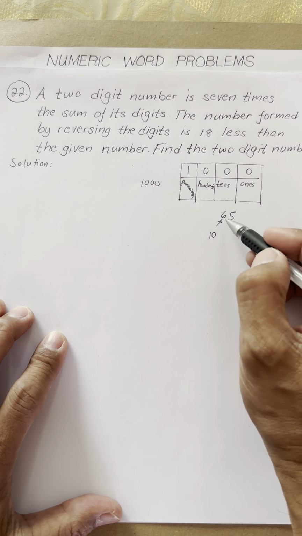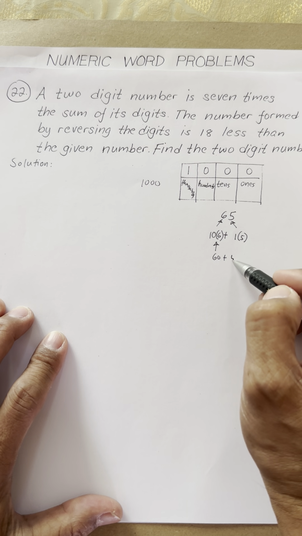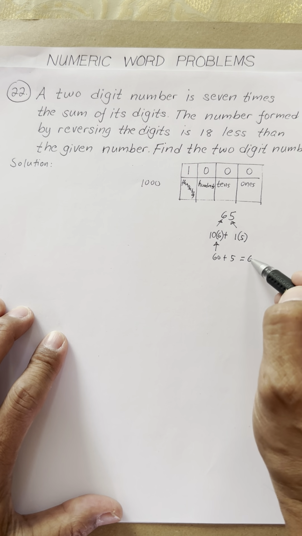So 1 times that number, 5. So you add the two. So 10 times 6 is 60, plus 1 times 5 is 5. So equal to 65, which is exactly equal to this one. Okay, so we will make use of this concept in solving this problem.